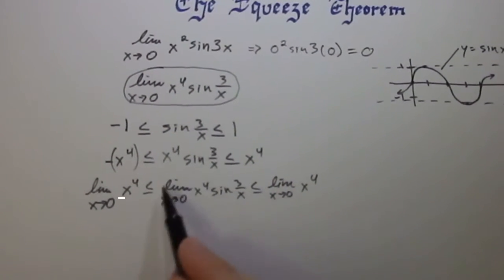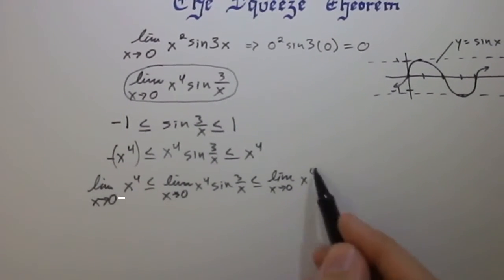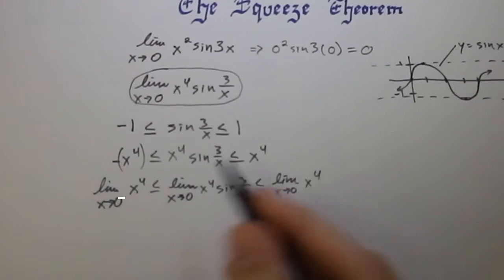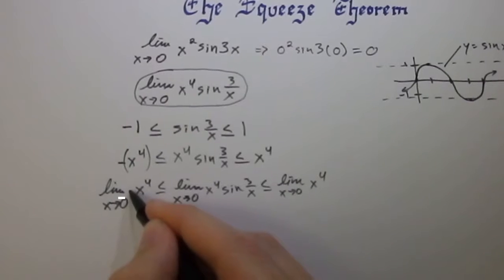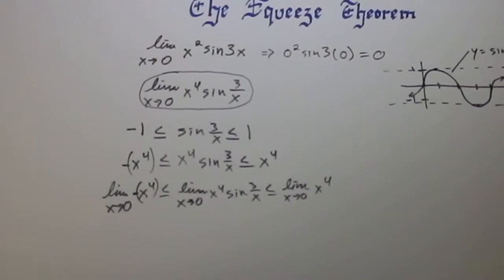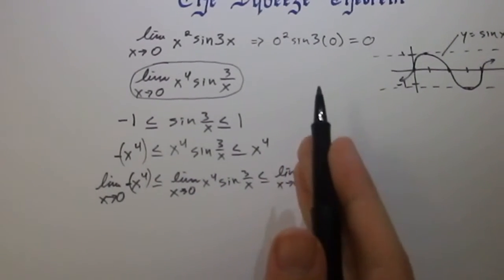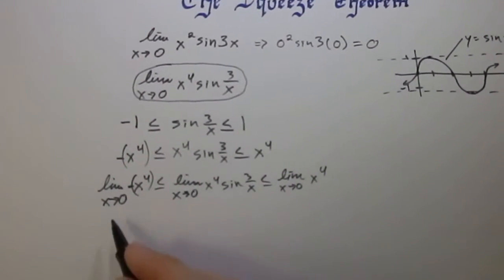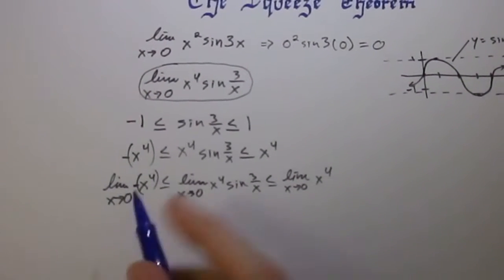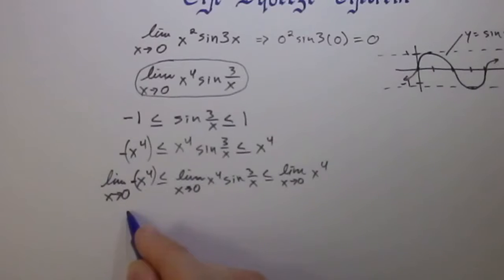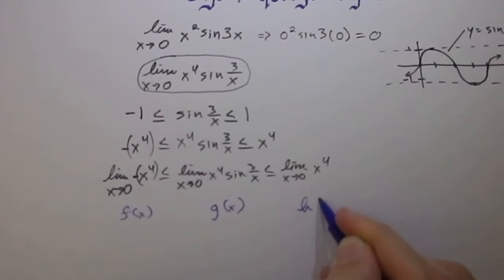This is the original function, right? So if I solve for each side, that should tell me the answer that I'm looking for. That's negative x to the fourth there. Alright, so we just solve for both sides. Let's imagine this being f of x, g of x, and h of x.